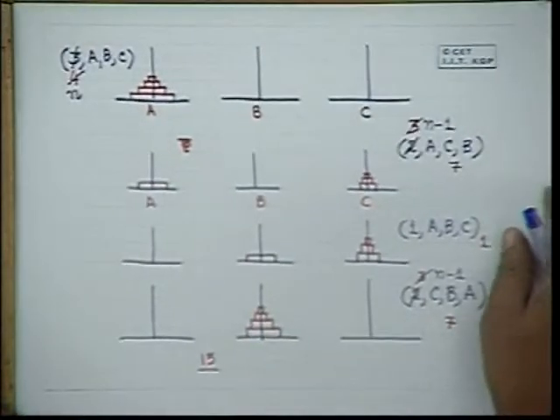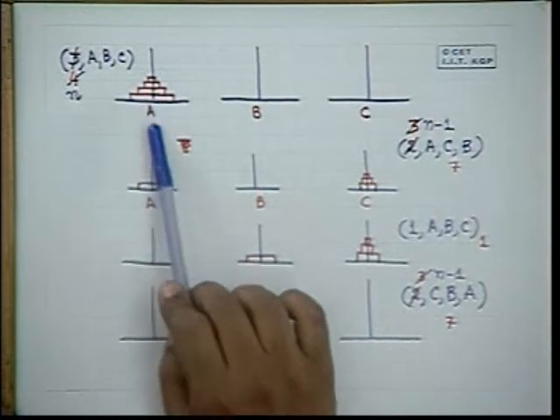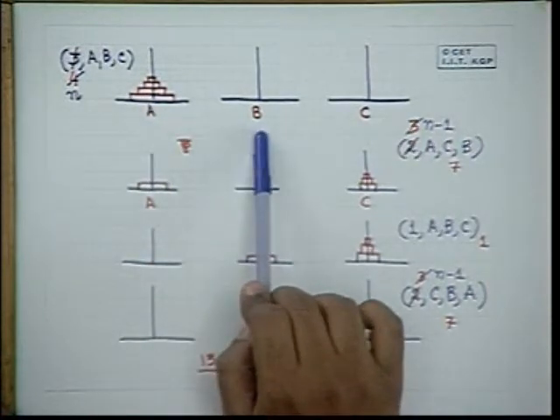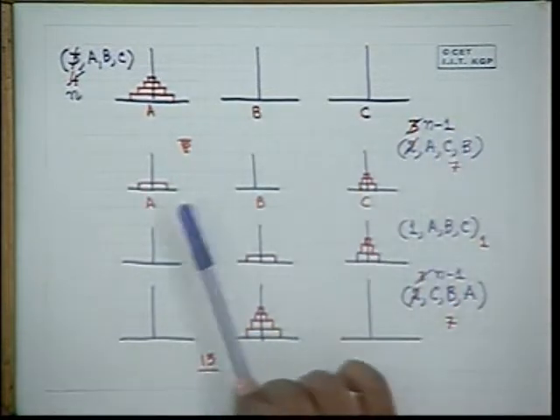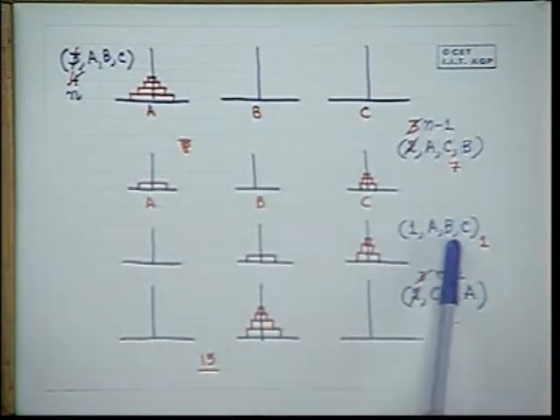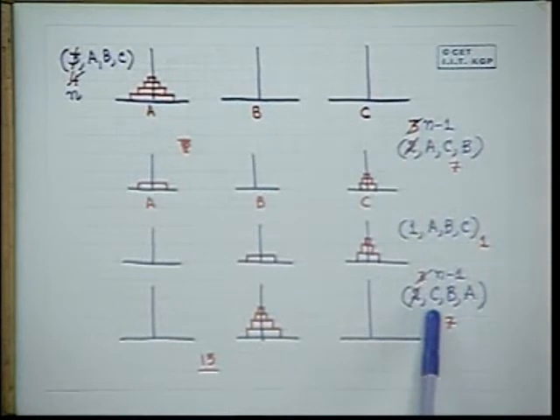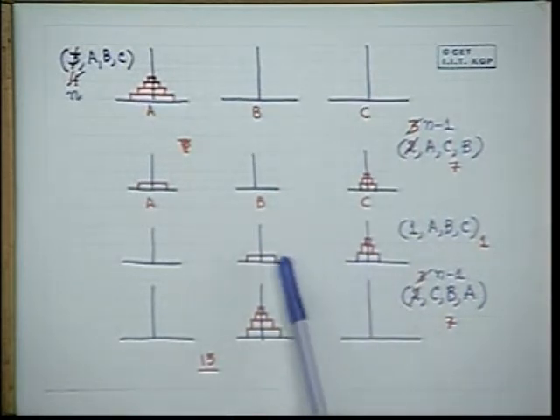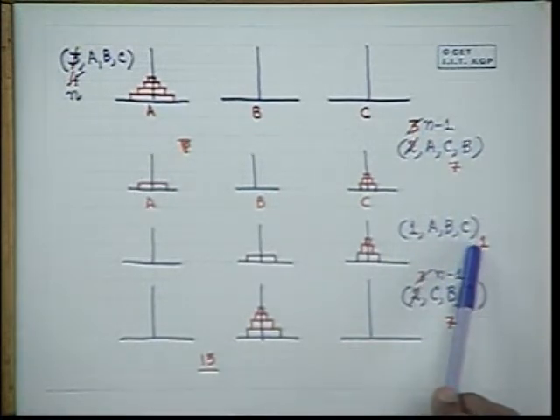We came to this situation: to solve a problem of n disks from peg A to B using peg C, we had to solve the problem of n minus 1 disks from A to C using peg B, and then a problem of one disk, that is move element from A to B, and then a problem of n minus 1 disks from C to B using A. So this is how we decompose the problem into subproblems, and for a single disk we know the solution directly.